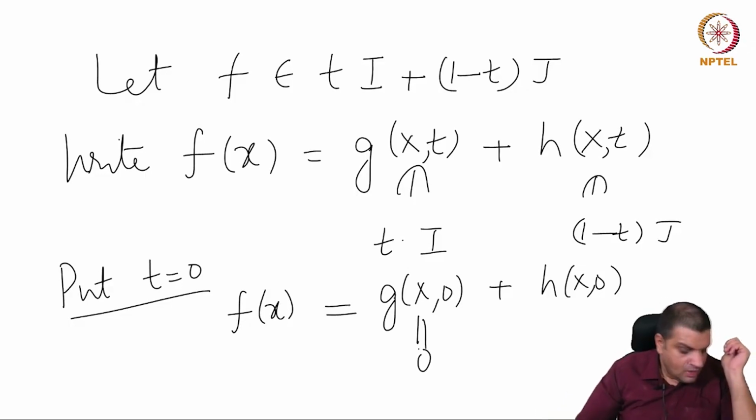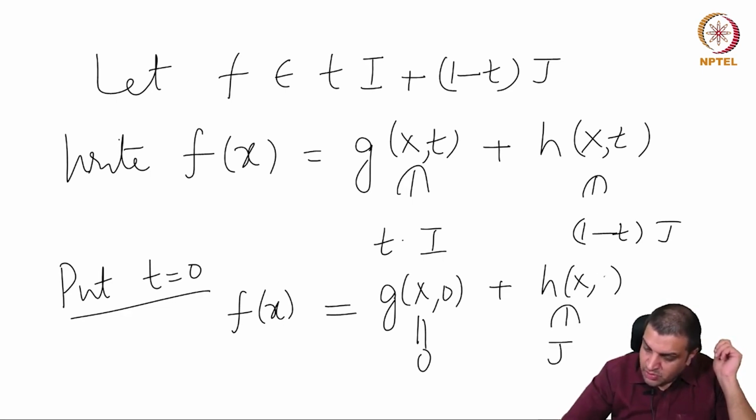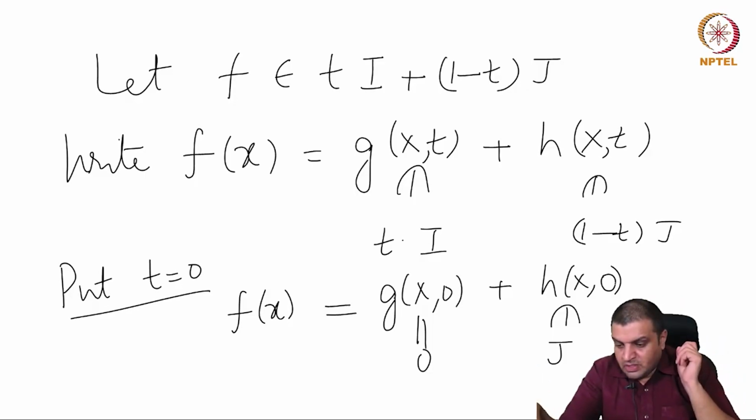And here we would just get some h of x, which one can check without much difficulty is actually inside J. So when you substitute 0 here, we can write h of x, t as 1 minus t times some element inside the extended ideal of J to S. So it is a linear combination of the g's with coefficients coming from S. When you substitute t equals 0, this just becomes 1, so we can take that out.